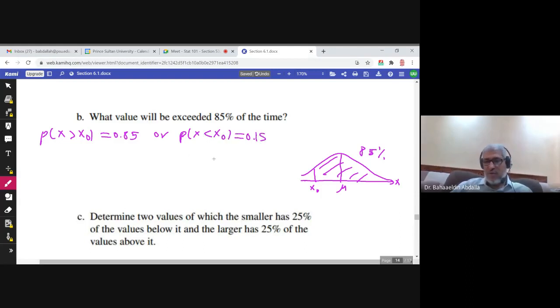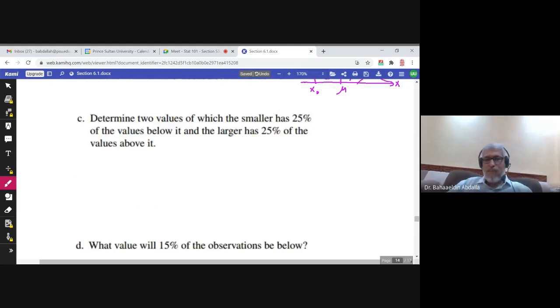There is no problem. In fact, you will not use 0.85 or 0.15. You need to use this area, which is 0.5 minus 0.15, 0.35. So you'll use 0.35 to find z0, and then you find x0.